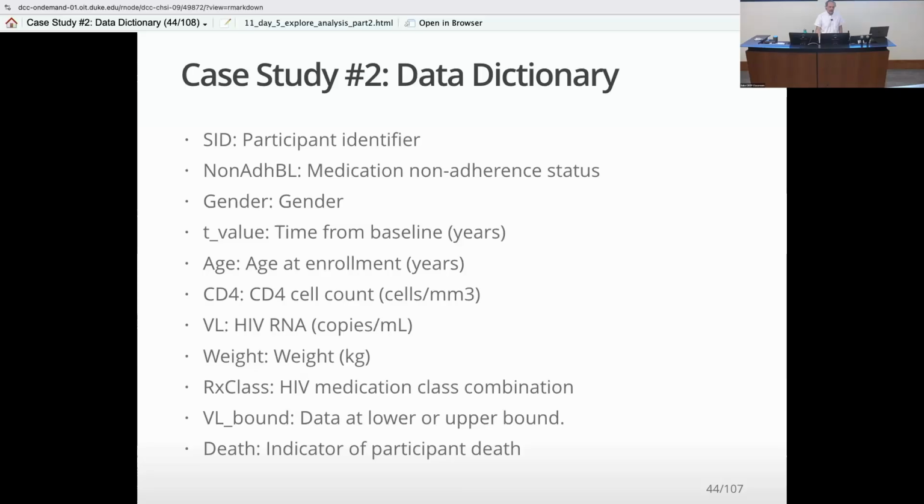VL bound, I don't even know what to, I think that that's actually telling the limits for something, so we'll skip that. And then death. Yeah, someone's either dead or alive, right? Unless you're in a Monty Python skit. But yeah, that's going to be a binary categorical.